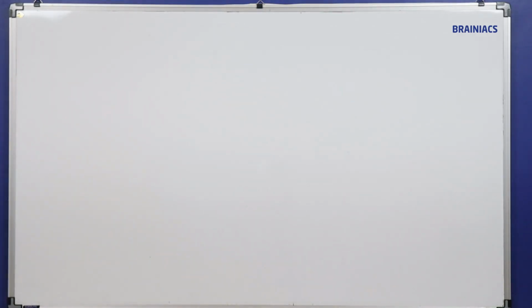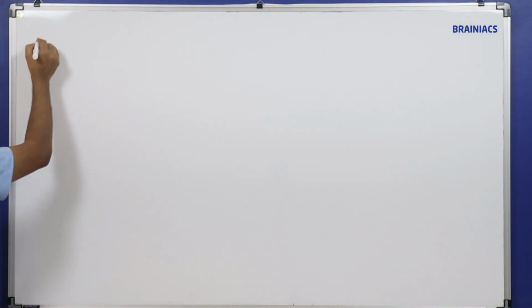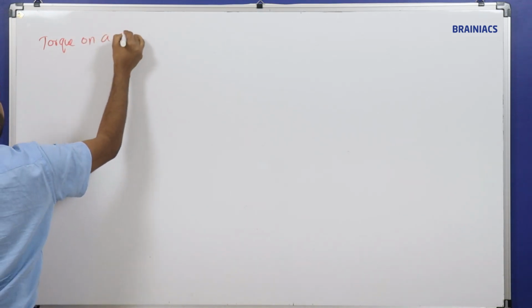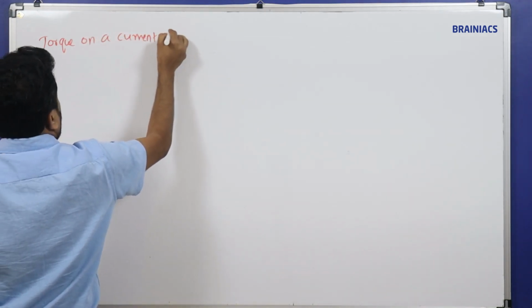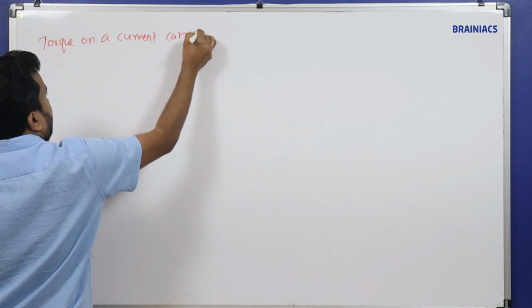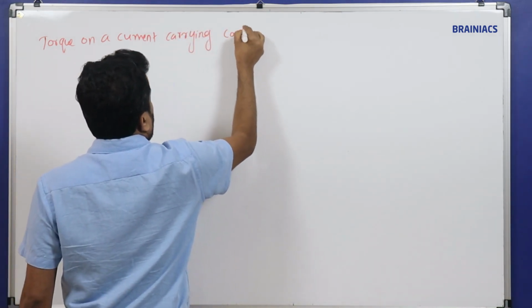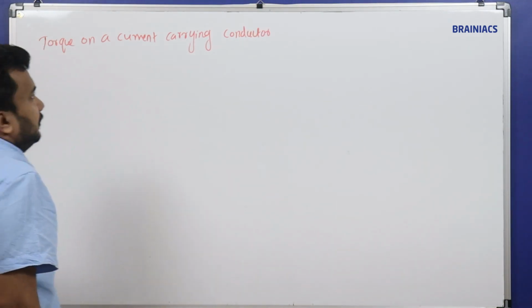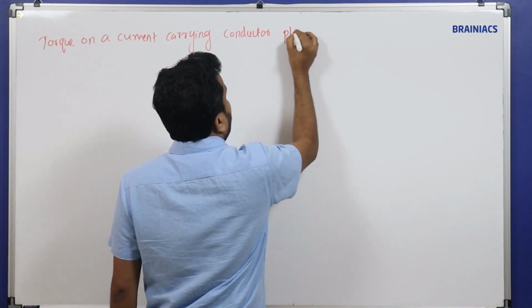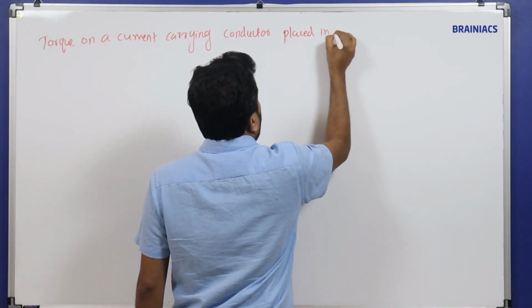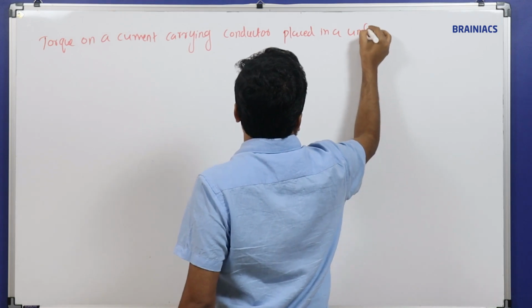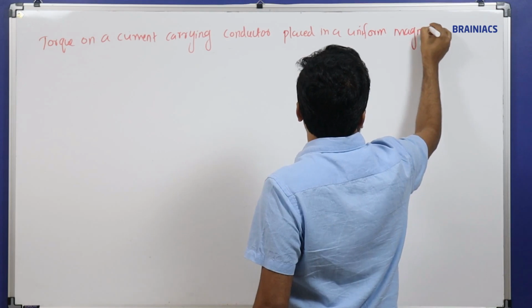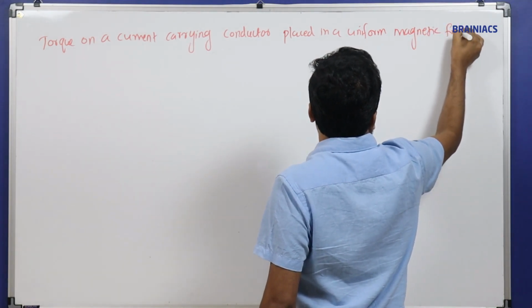So write the heading: torque on a current carrying conductor placed in a uniform magnetic field.